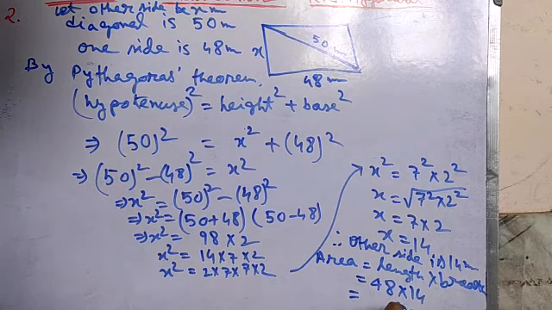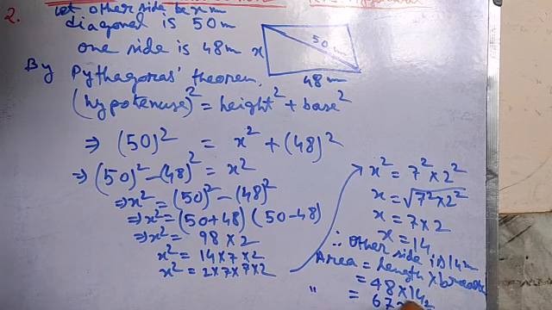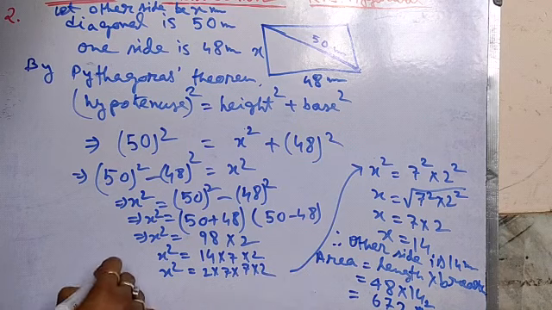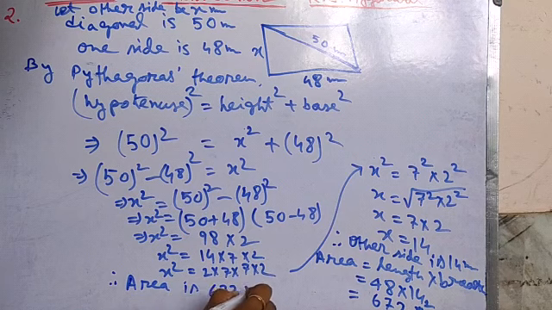Fourteen eights are 112, 2, 11 carry. 14 fours are 56. 56 plus 11 is 67. So the area is 672 meters square.